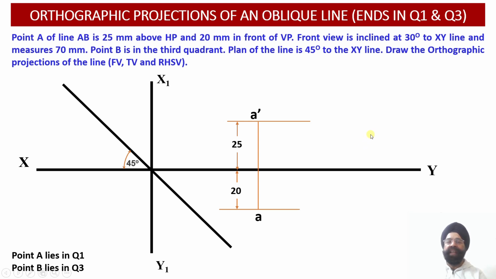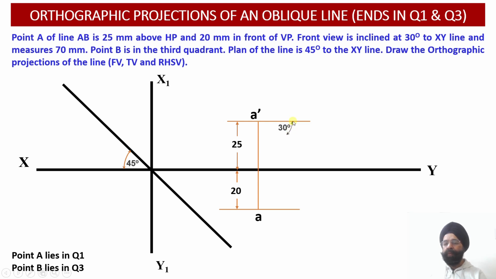Only then will we obtain the coordinate locations of the end B, a certain distance below the horizontal plane and another certain distance behind the vertical plane. So now we have to proceed with the inclination of the front view projection of the line in this orientation, that is, this 30 degree angle we have to draw in the downward direction.